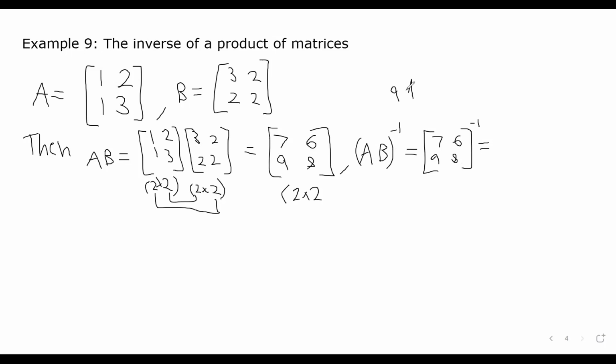So AD minus BC here for the matrix AB is 7 times 8 minus 9 times 6. Right? You're just doing the determinant, which is this times this minus that times that. And so that's 56 minus 54. So that equals 2.